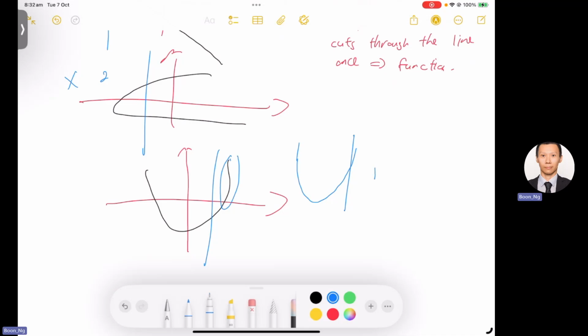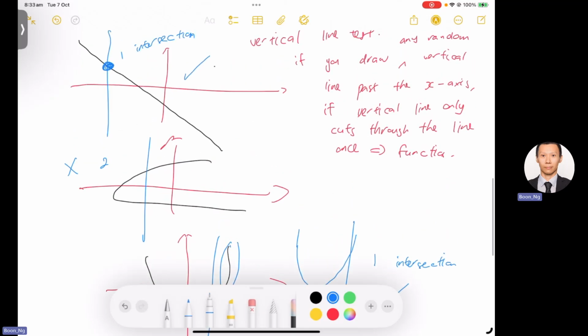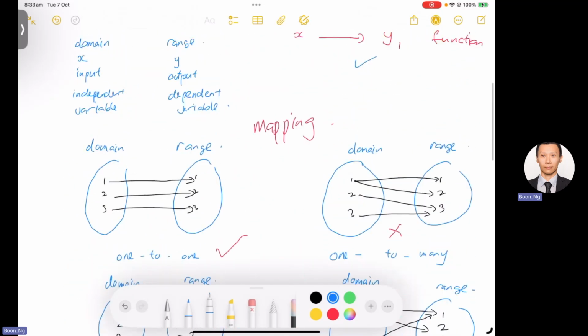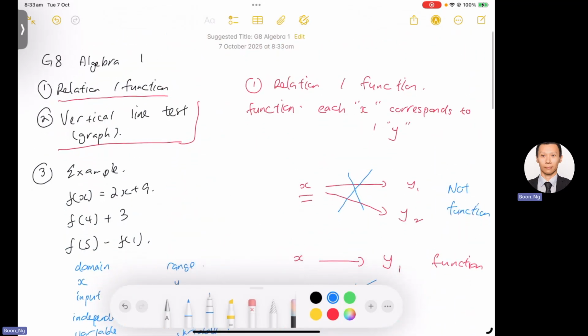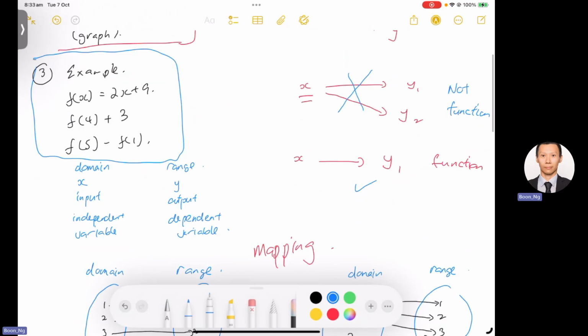So one intersection. So this is also a function. Essentially, this is how we determine between a relation and a function, on a graph and on mapping.